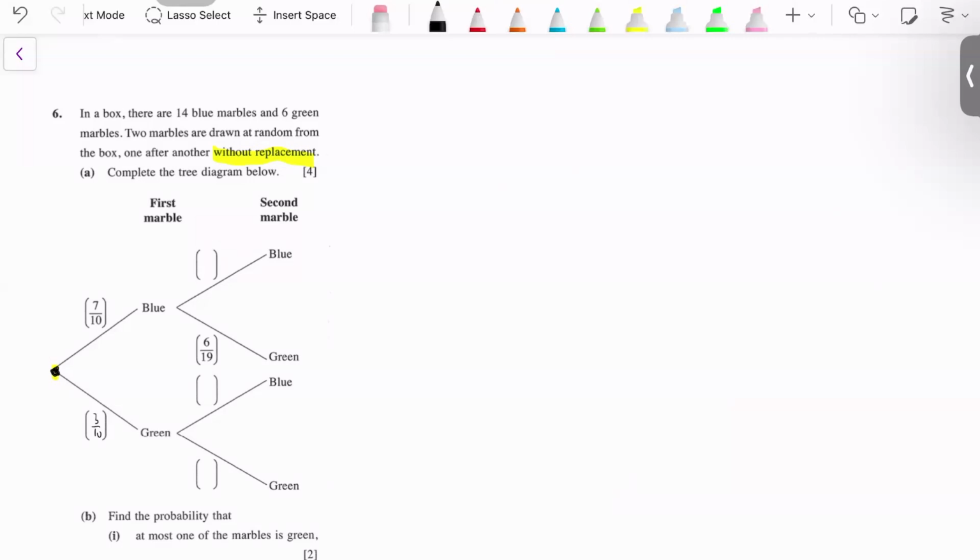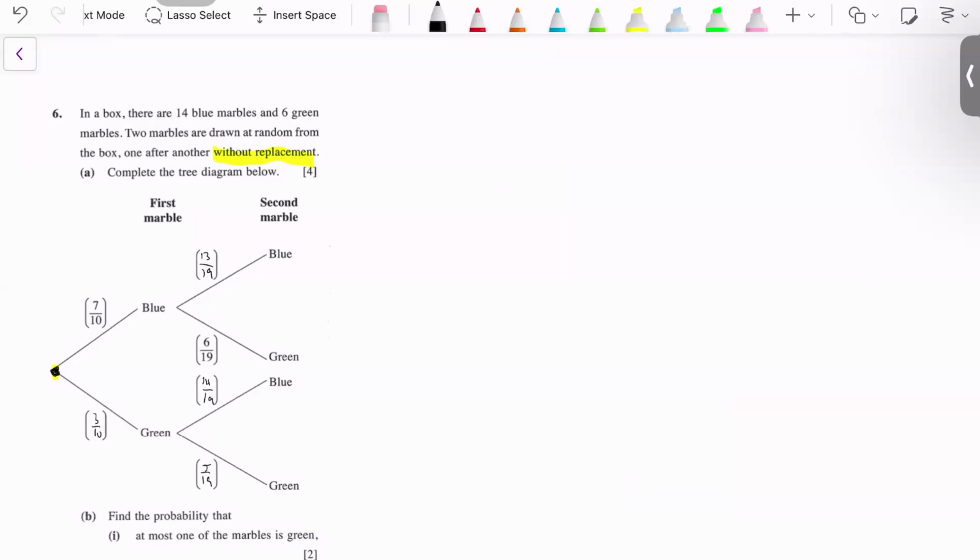So after the first marble is blue, the probability of getting a second blue marble will be 13 out of 19. If our first marble is green, our probability of getting blue for the second marble would be 14 out of 19 and 5 out of 19 for green.